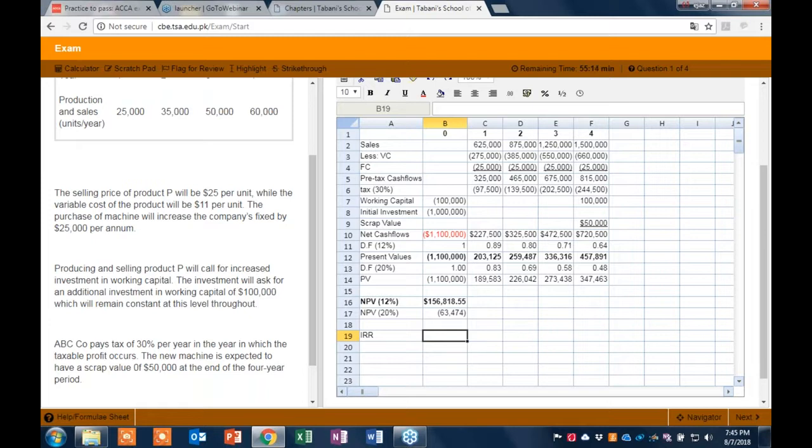I want everybody to calculate this IRR for me. Great. I want others to calculate the IRR.